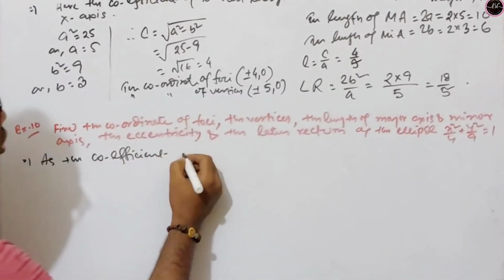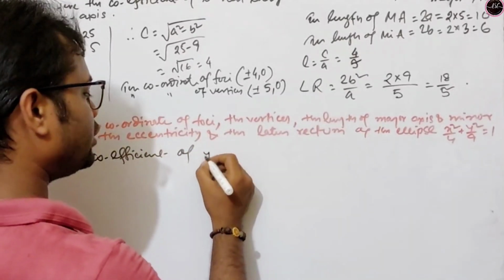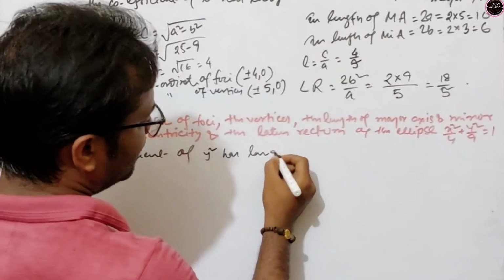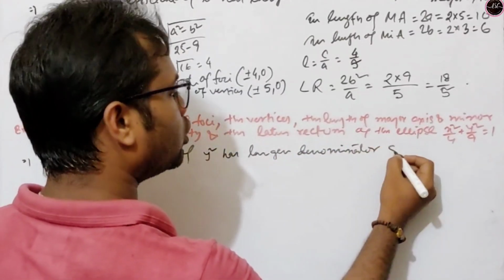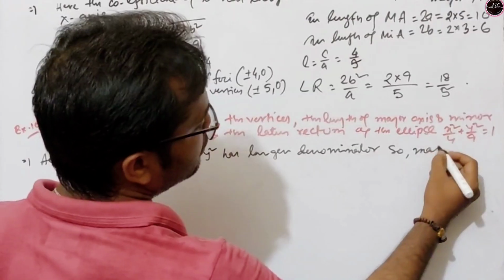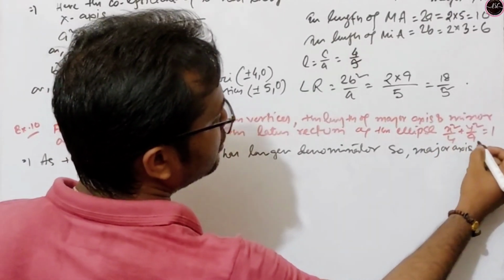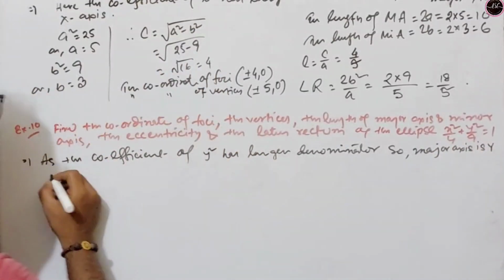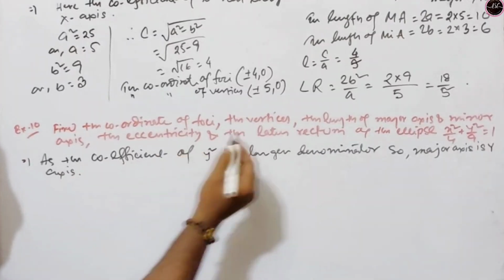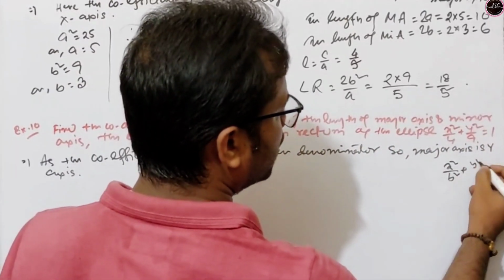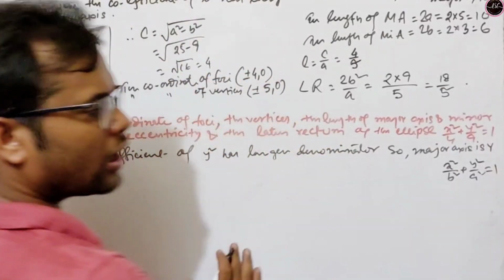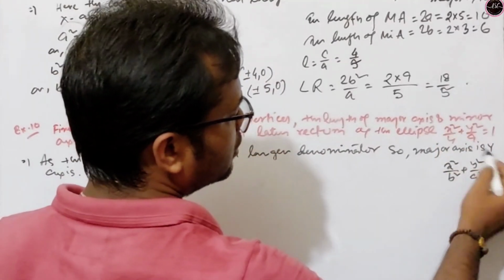So this equation can be written as x square by b square plus y square by a square equal to 1. Okay, so this is the form of this.